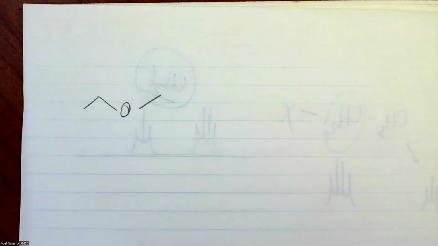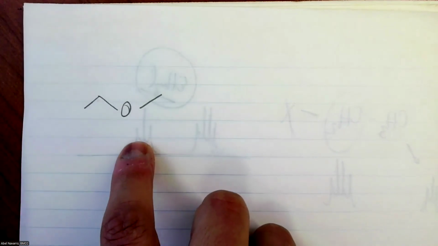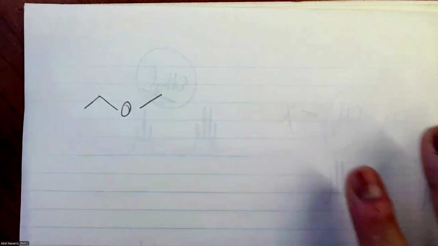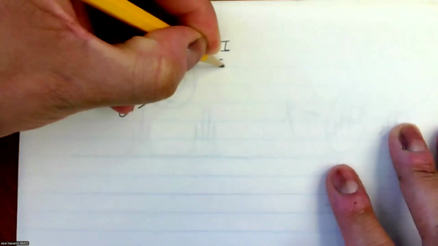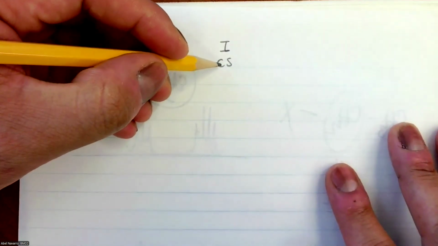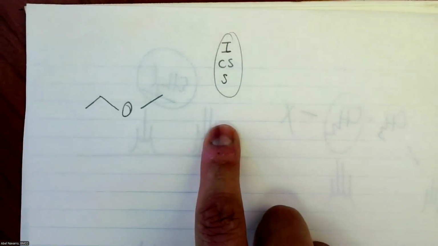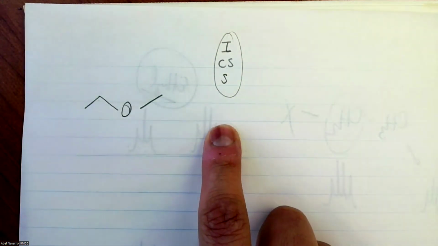They tell me to draw or predict the NMR spectra with the approximate integration value. Remember, it's integration, chemical shift, and splitting. Those three items should be in your answer.